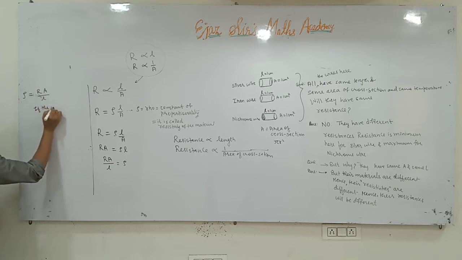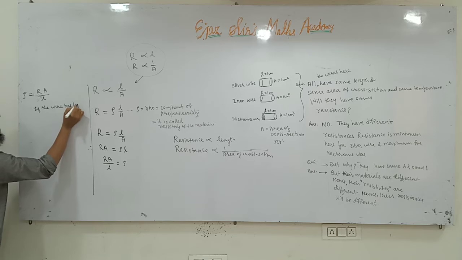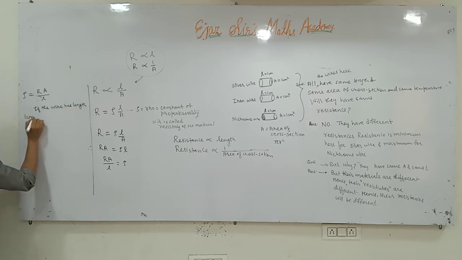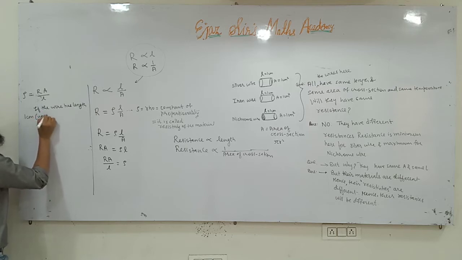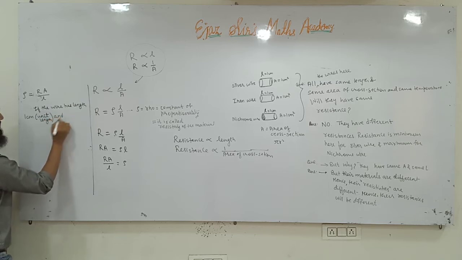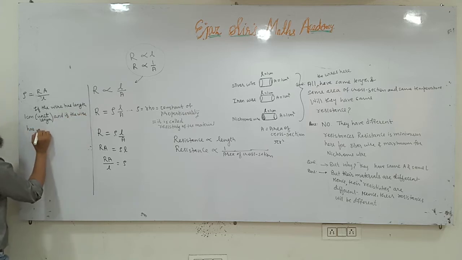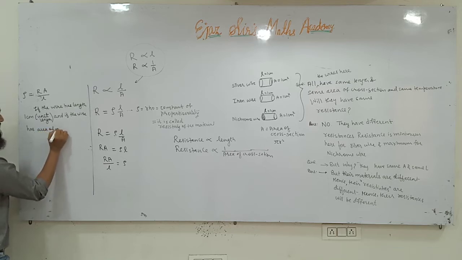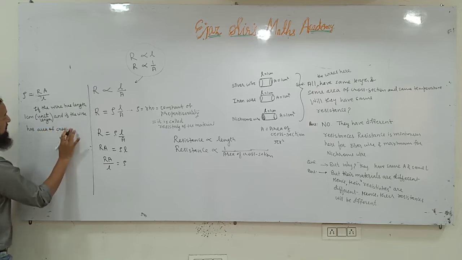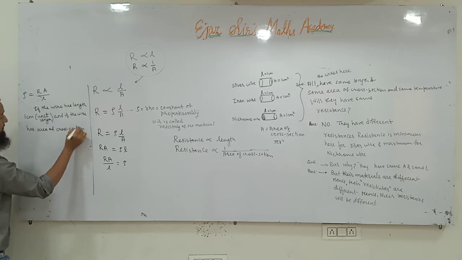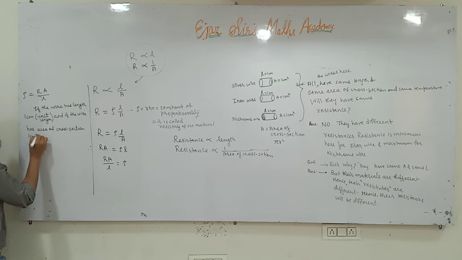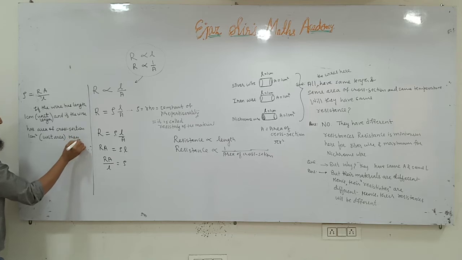If the wire has length 1 centimeter, which is also called unit length, and the area of cross section is 1 centimeter square, which is also called unit area, then what will happen?